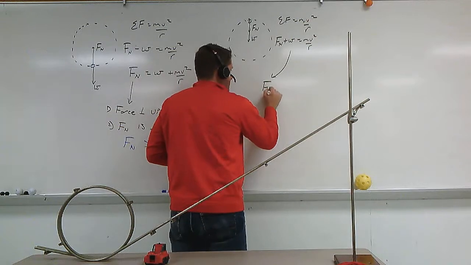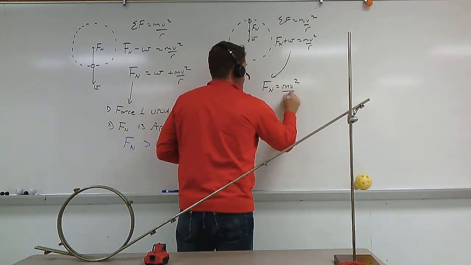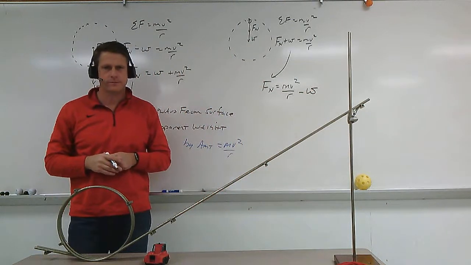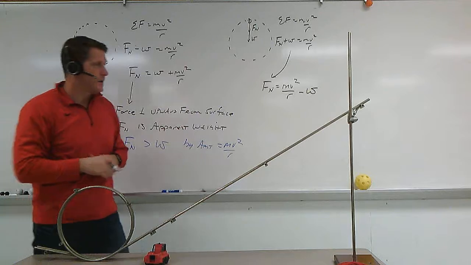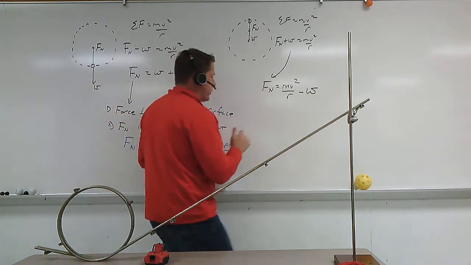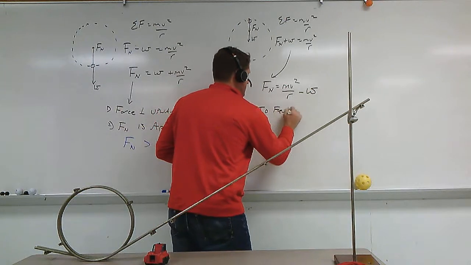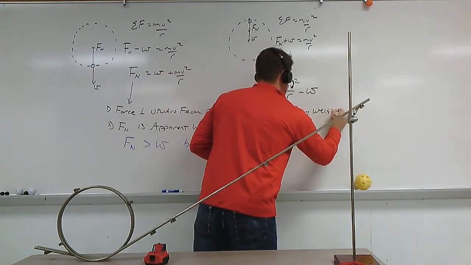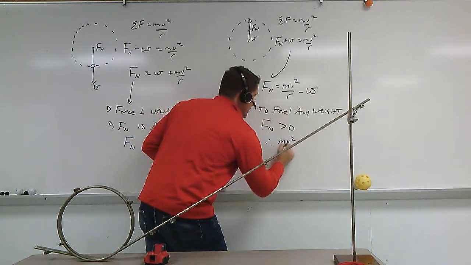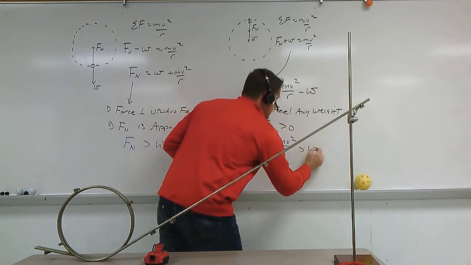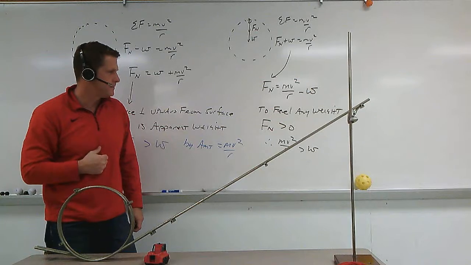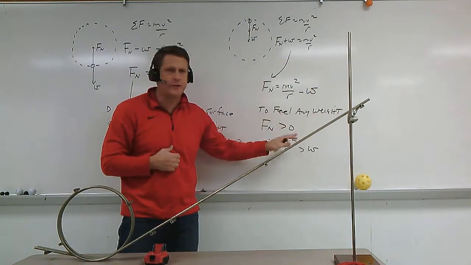So Fn is equal to mv squared over r minus W. First and foremost here, in order for you to feel any weight, Fn has to be greater than 0, which means mv squared over r must be bigger than W. So you have to go a minimum speed in order for you to feel any weight.